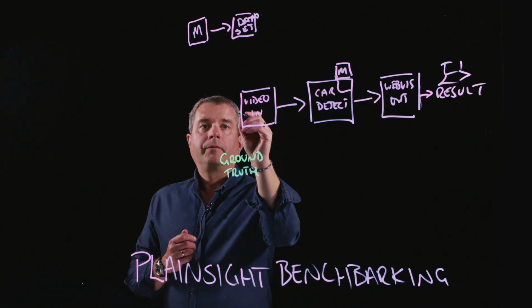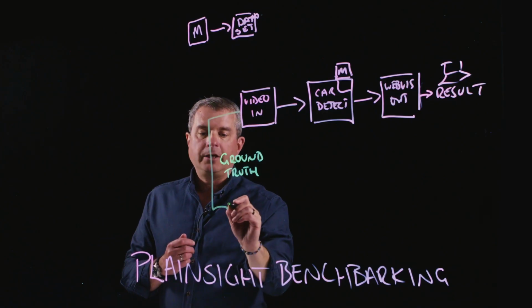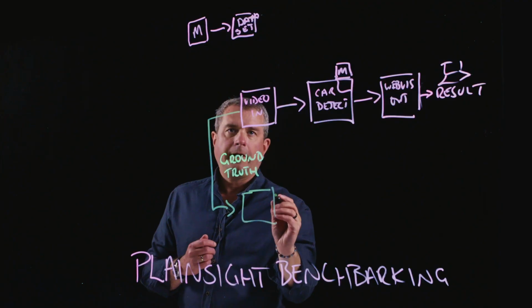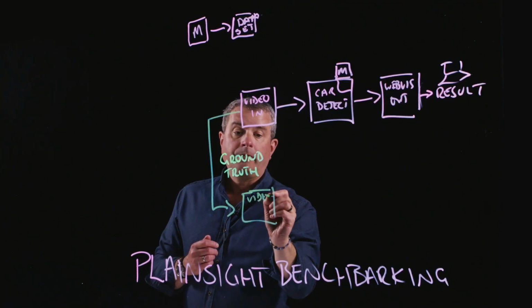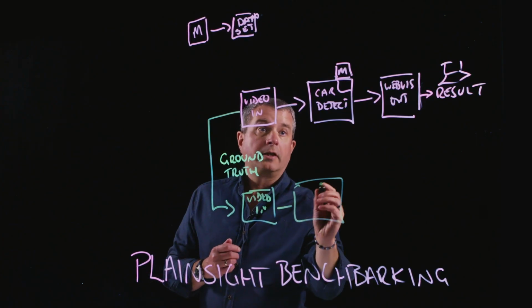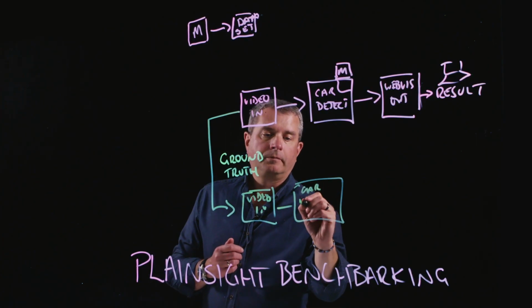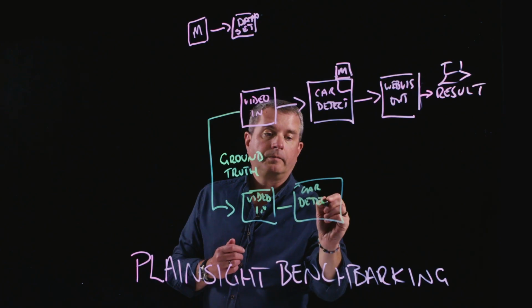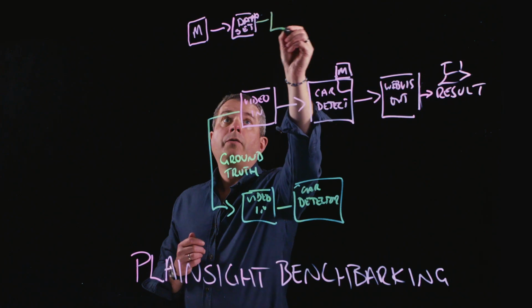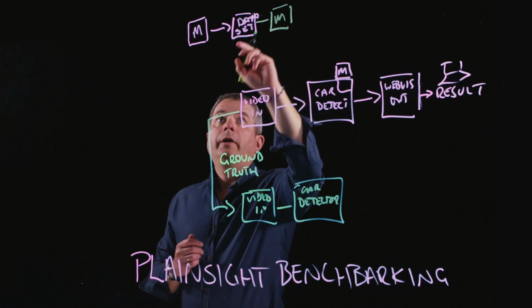To do this, we'll use Plainsight benchmarking to now create a secondary pipeline. Exactly the same video in, same car detector filter. However, in this case, we are using the new model, right?